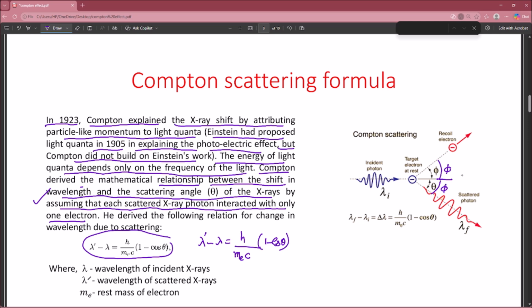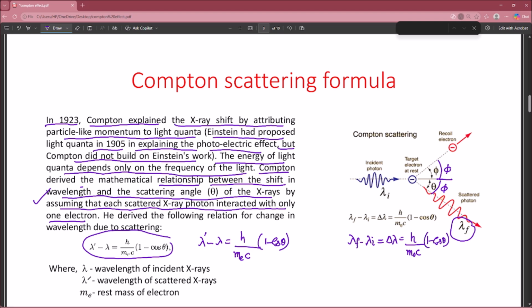This is the initial wavelength of the incident photon, and this is the wavelength of the scattered photon. So lambda f minus lambda i, that is final minus initial, is delta lambda, which is equal to h divided by m naught c times (1 minus cos theta).